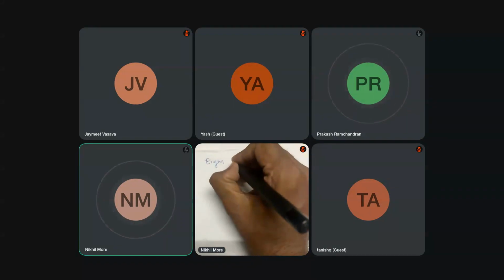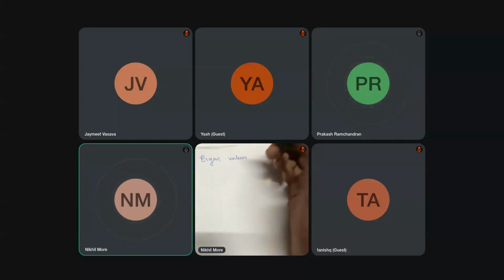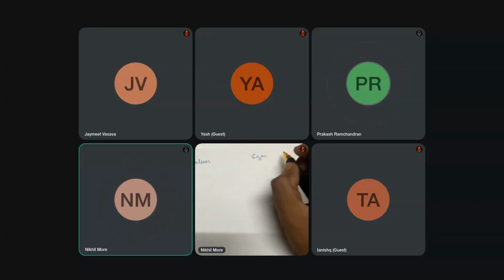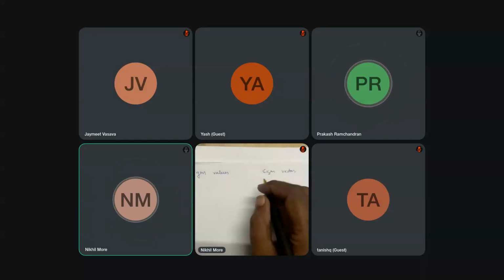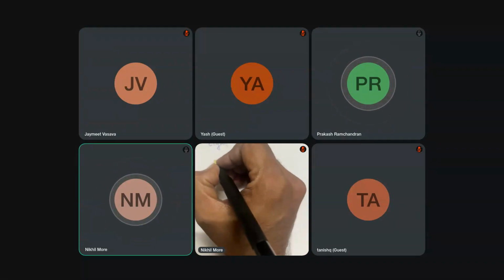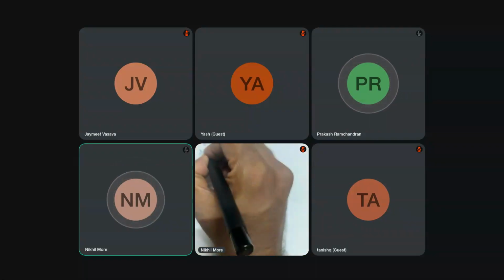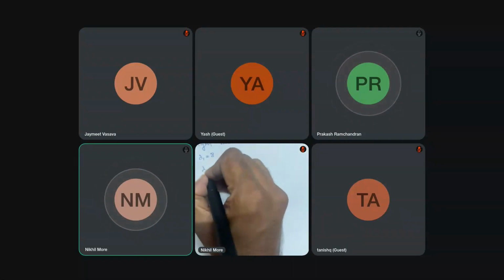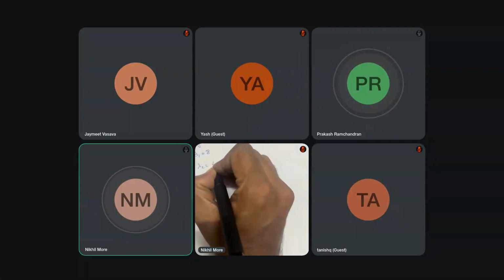So we have eigenvalues given, and we have eigenvectors. The eigenvalues are lambda 1 as 8, lambda 2 as 4.